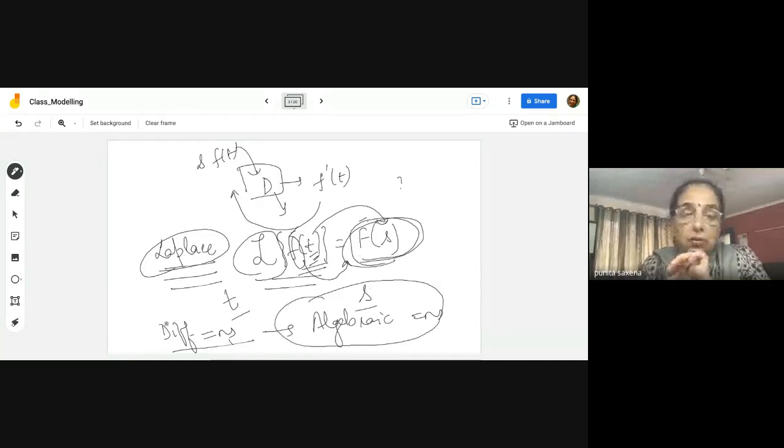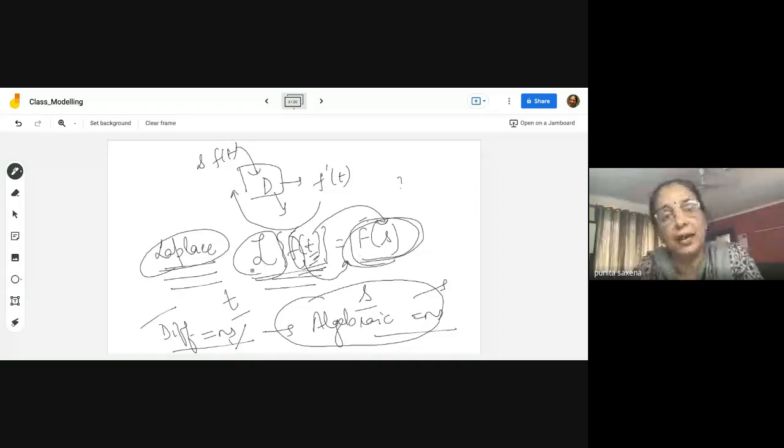Now, differential equations we solve to get the solutions. Algebraic equations also we solve to get the solutions, but it's much simpler and easier to solve algebraic equations as compared to differential equations. So once we know a particular kind of transform, and how it changes the variables or a particular term when applied, we can directly convert our differential equation into an algebraic equation.